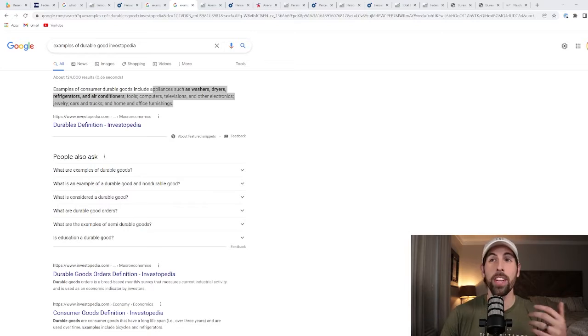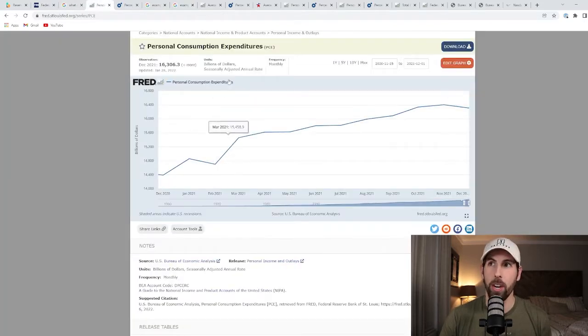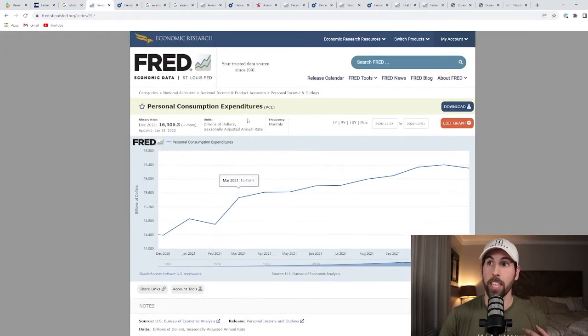So now that we know exactly what these personal consumption expenditures are, let's go over here to the personal consumption expenditures chart. Okay, again, this is back at the stlouisfred.org. This is where you can find all of the economic data. Okay, what does this chart tell us?